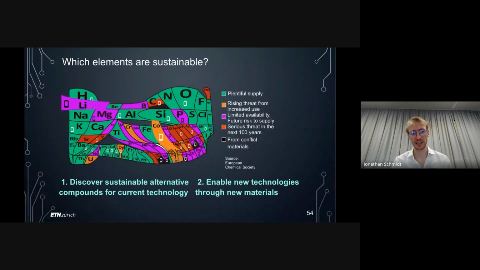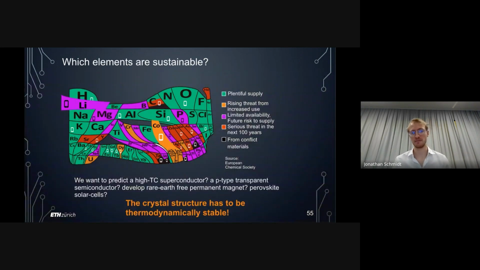And then, of course, we also want to discover new materials that enable new technologies. This could be anything from high-Tc superconductors that we have worked on a lot, to p-type transparent semiconductors, new permanent magnets, perovskite solar cells.